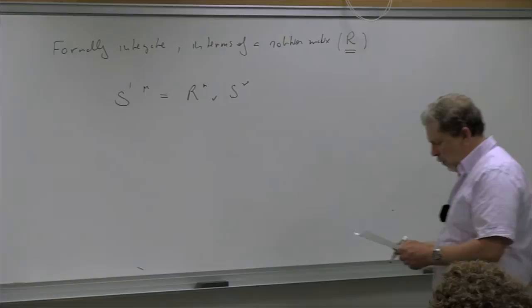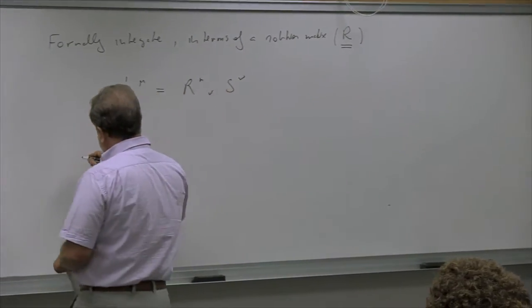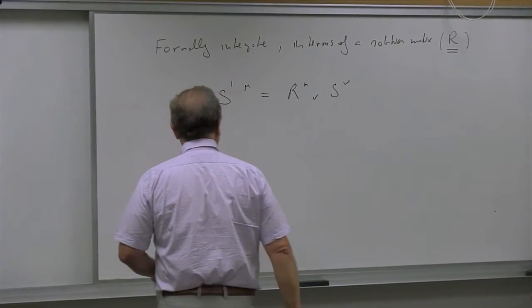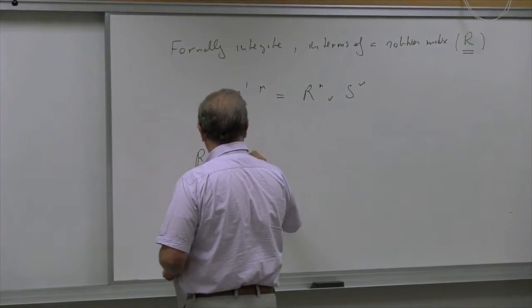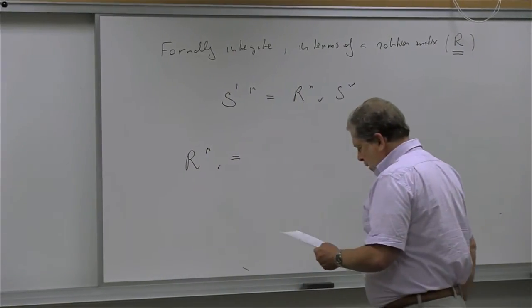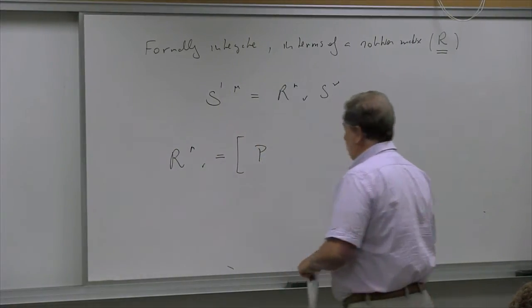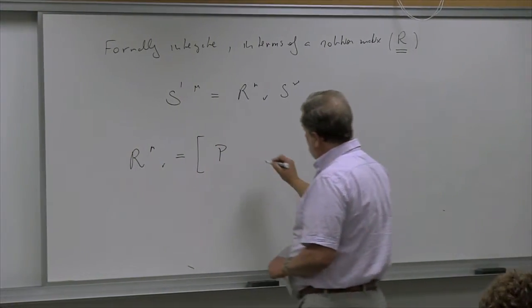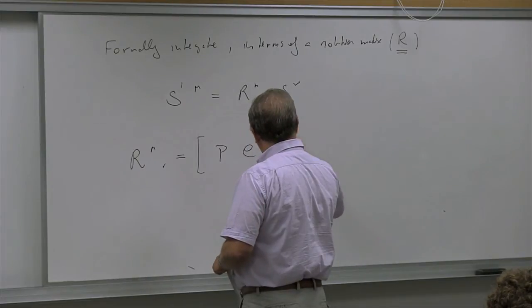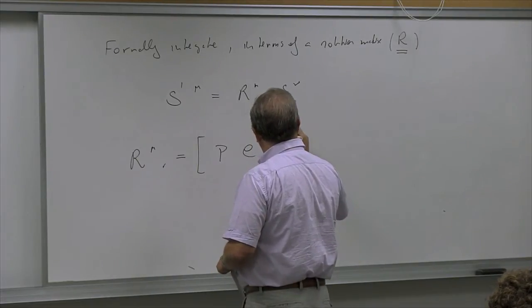For a finite rotation, this is given by a rather complicated expression, because R mu nu is given by the path ordered product of e to the minus an integral around a loop.